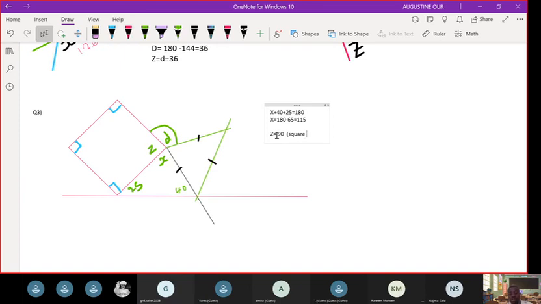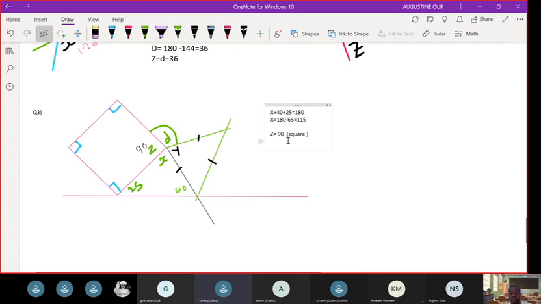Okay, let's continue. You can see how it is easy if you know the properties. Let me find another angle and name it Y. What is the value of Y? Y is there, you can see it in black.